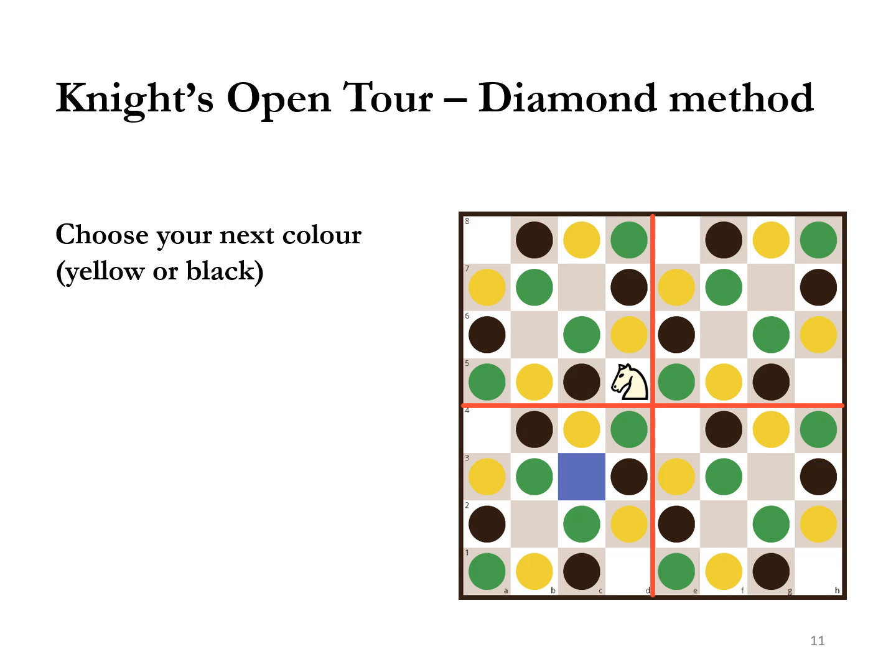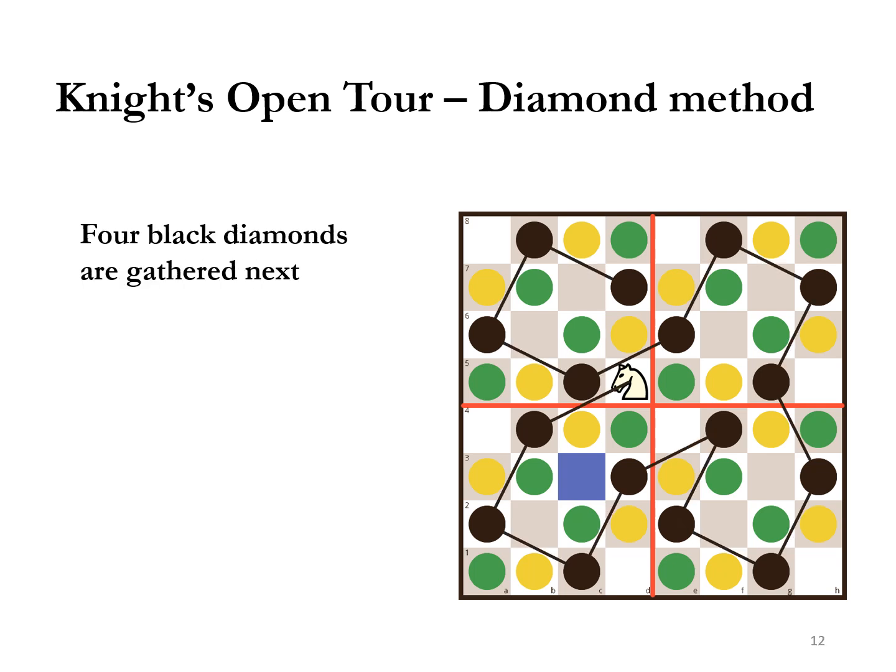Now the knight is ready to move on to the next color. Either yellow or black are a knight move away from d5. The knight chose the black color. 4 black diamonds are gathered next.